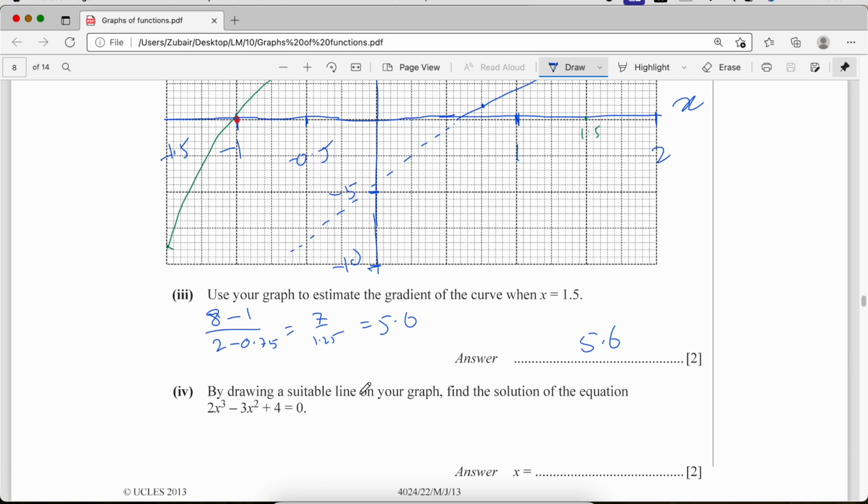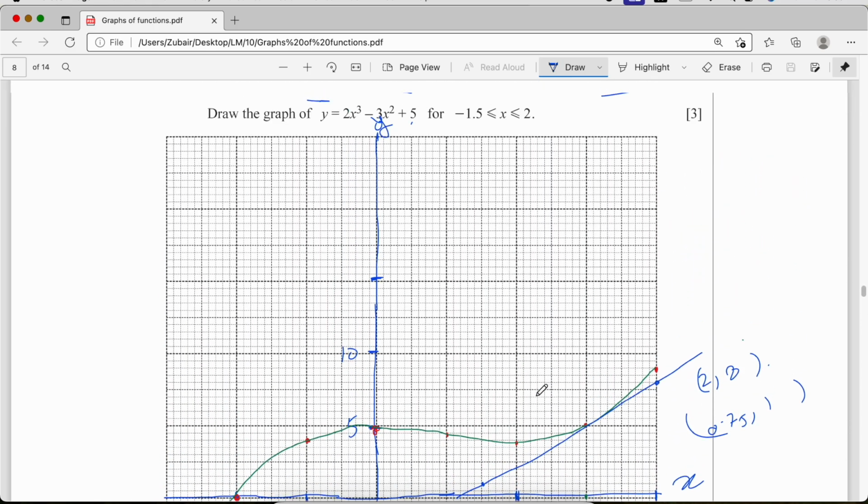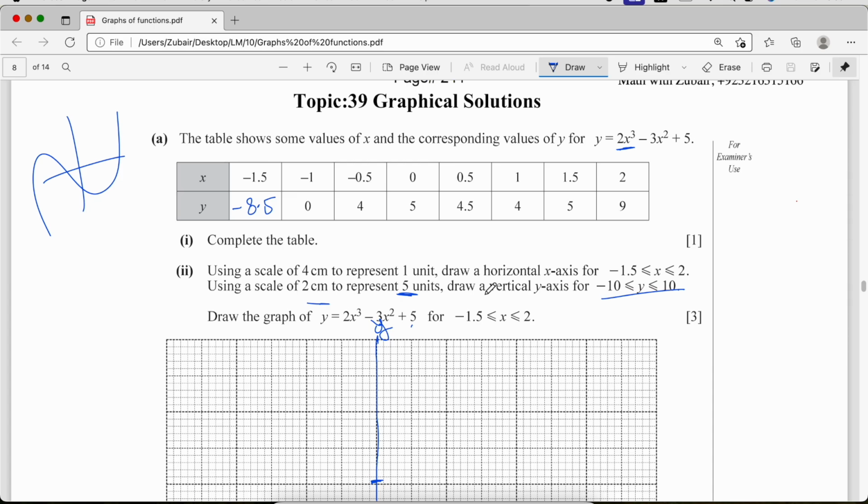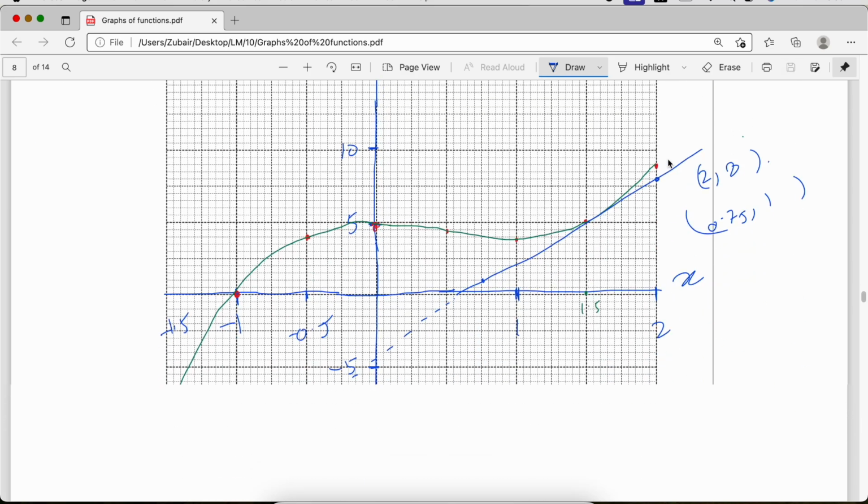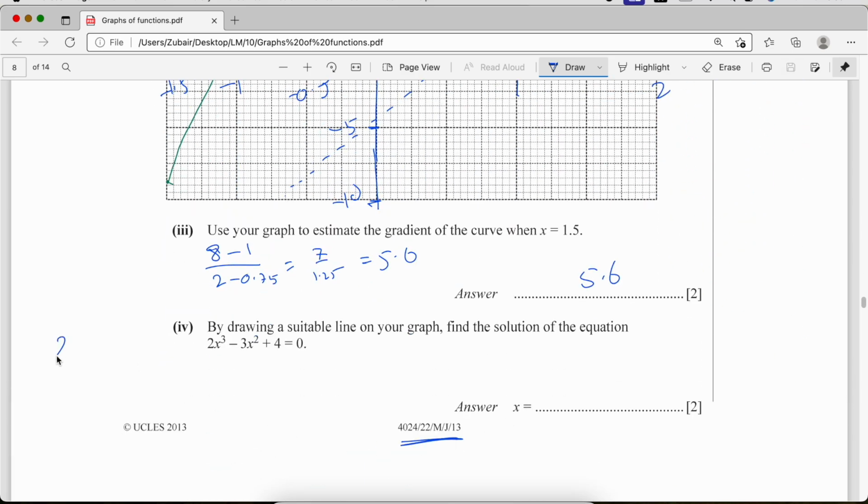Next part says, by drawing a suitable line on your graph, find the solution of the equation. Now see that again. Original equation was 2x cube minus 3x square plus 5. And see, this is different. There's another way you can do this.